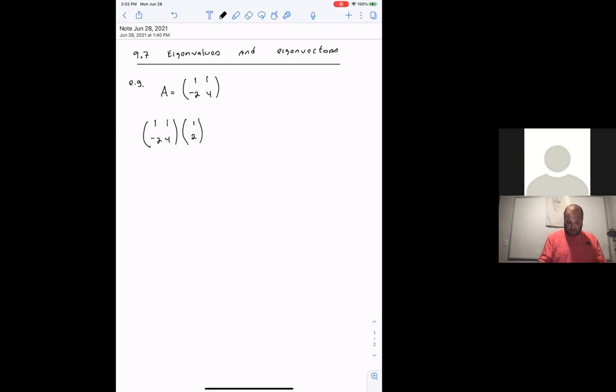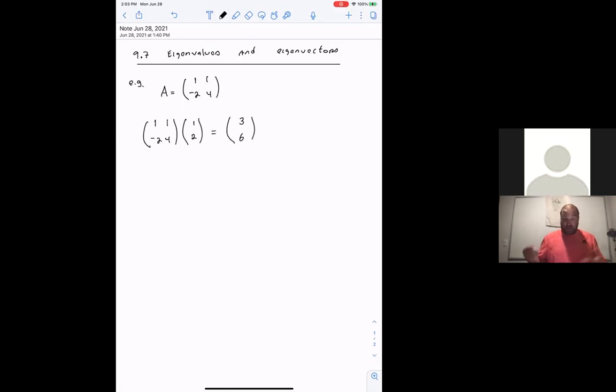Well, let's calculate it. This is a 2 by 2 times a 2 by 1, so it produces a 2 by 1. And at this point, hopefully you're proficient enough with multiplication of matrices to see that it becomes 3 and it becomes 6.